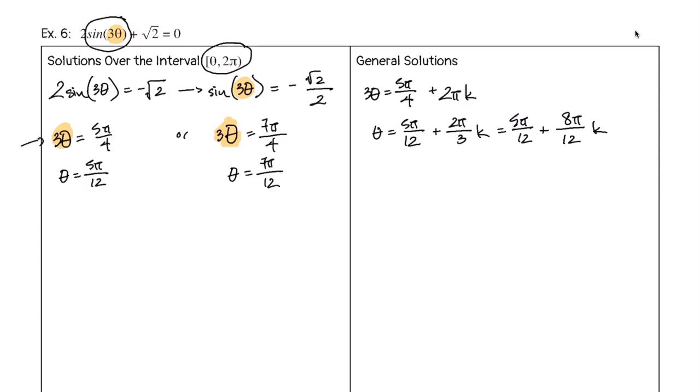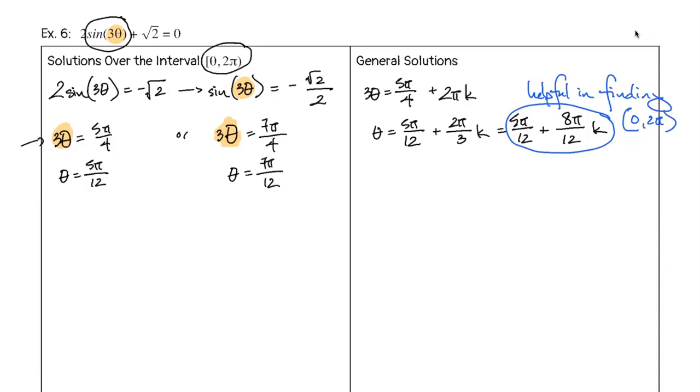This part is helpful in finding solutions from 0 to 2 pi, okay? Because remember, we want to get all the solutions between 0 and 2 pi, okay?